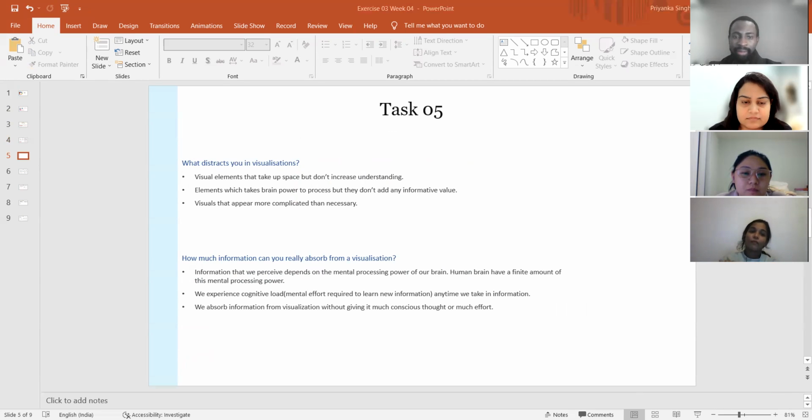For our task 5, we asked some questions that we needed answers to. The first question was, what distracts you in visualization? As a group, we came together and gave some answers. Our first answer was visual elements that take up space but do not increase understanding. Visual elements that take up space but don't give any meaning can distract.